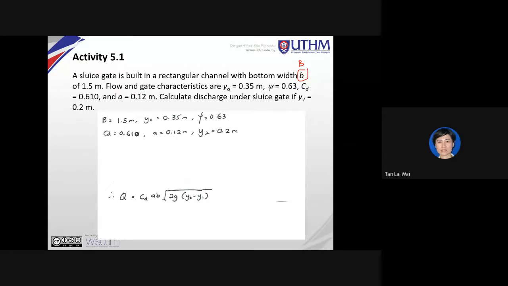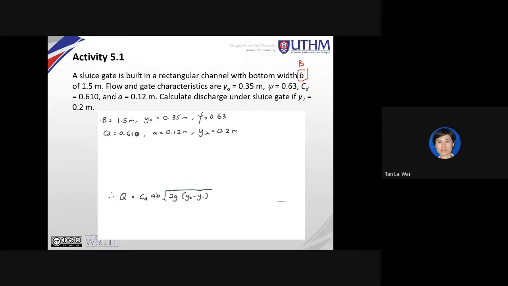Flow and gate characteristics are given as y0 equals 0.35, psi equals 0.63, the depth correction factor, and the discharge coefficient is 0.61. The height of gate opening is 0.12 meter. Now calculate the discharge under the sluice gate if y2 is equal to 0.2.